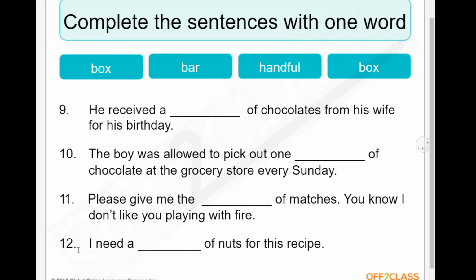Very good. Number 12. I need a handful of nuts for this recipe. Please repeat. Very good. I hope that you enjoyed the class.